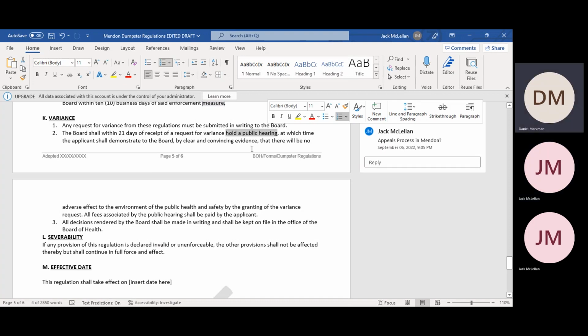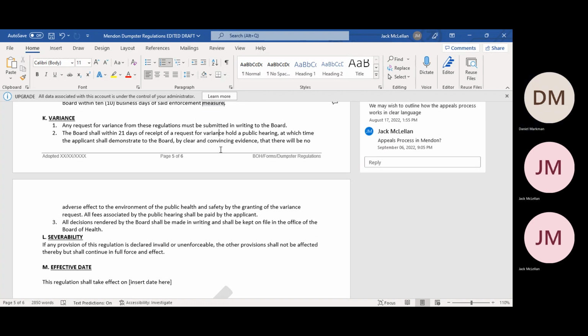Yeah, so in the case of a variance to these regulations, it basically means a request outside of what's already allowed within it. For example, giving somebody the approval to keep a C&D dumpster on a residential property for longer than 90 days, that's not a variance because there's already a subsection that says the Board of Health can make a decision to extend that at will.